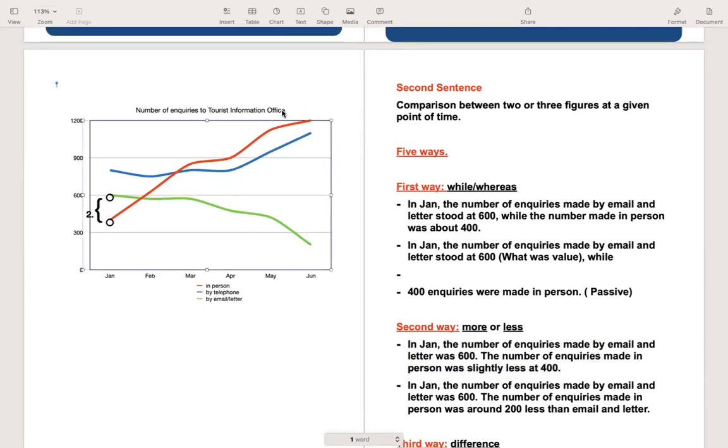If it was not 2001, and in January, then it would be present. You're right, sir. I am confused about the way you write made. In the present we write make: the number of inquiries made by email and letter is 600, if in the present form.